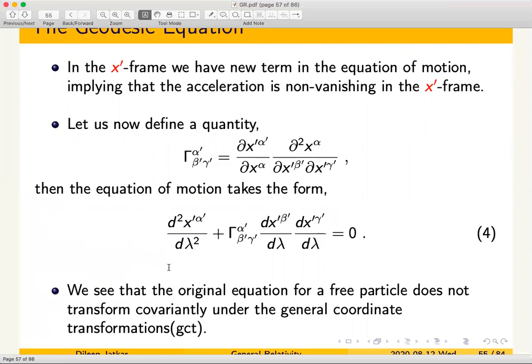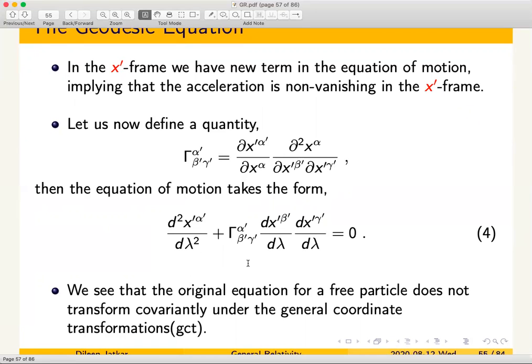But the next thing that we wanted to do was that if we write down this equation, which we call equation 4, and if we do a general coordinate transformation here, would this equation be form invariant? Or let me put it a little differently: under what condition would this equation be form invariant?